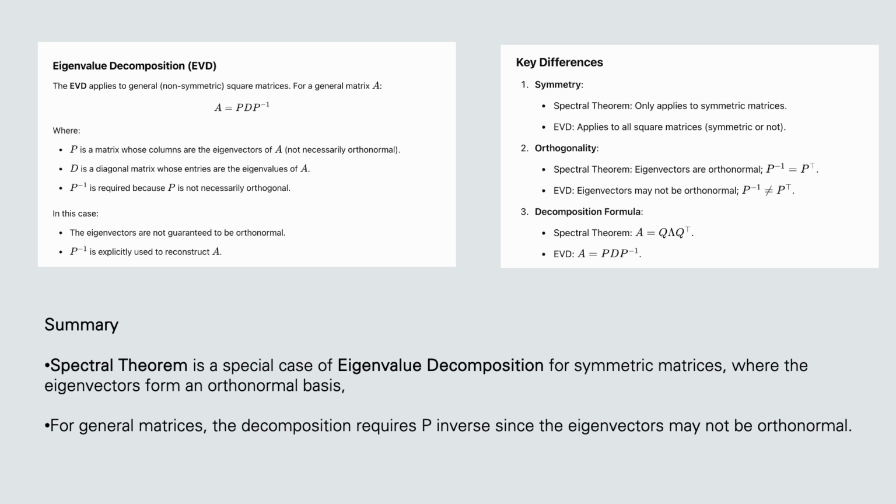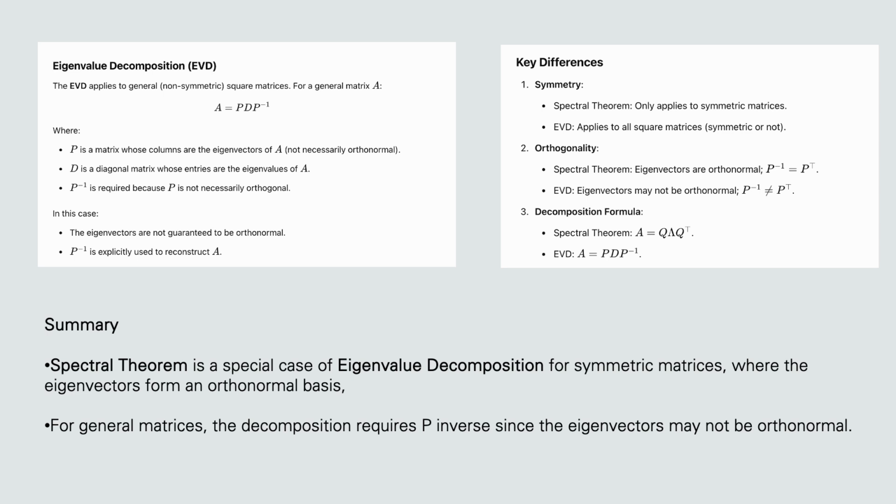The most important one is the way it's formulated, the decomposition formula for the spectral theorem versus that of eigenvalue decomposition. In eigenvalue decomposition, the formula is A equals PDP inverse, whereas in the spectral theorem, like we saw yesterday, A equals PDP transpose.